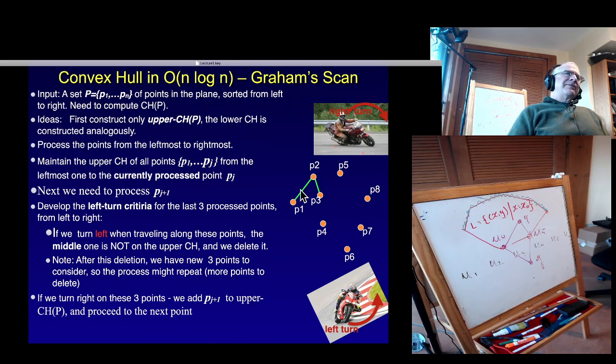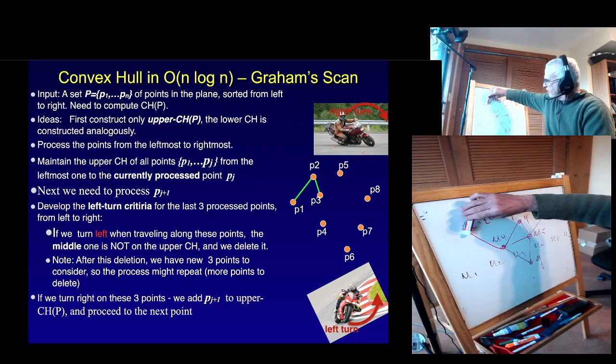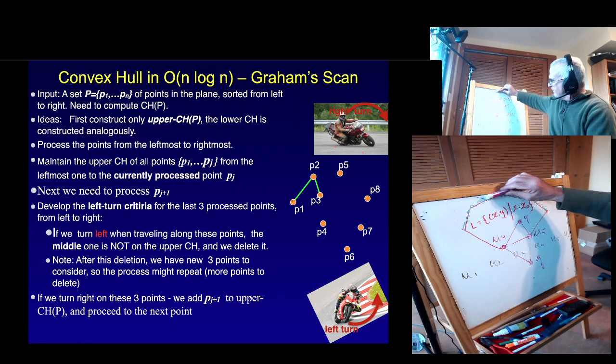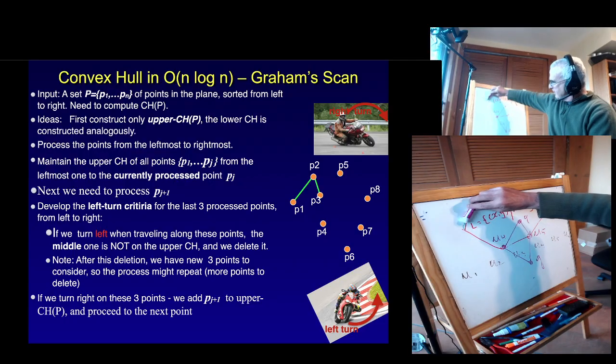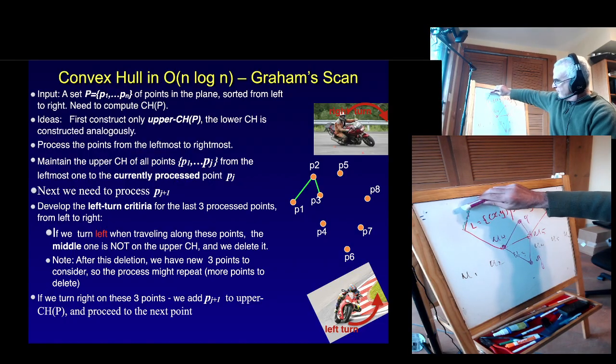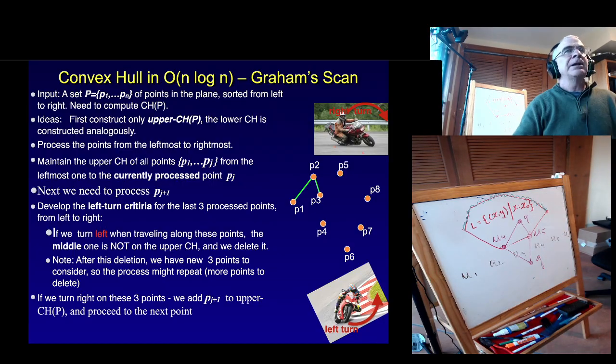Think about it. If all my points Pi are all on the upper convex hull, then what happens as I'm driving along the upper convex hull? Every time I hit a vertex, I'm turning to the right, turning to the right, turning to the right in each and every vertex.